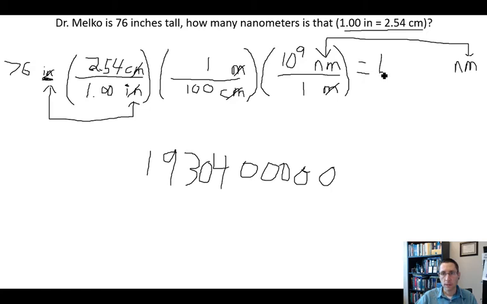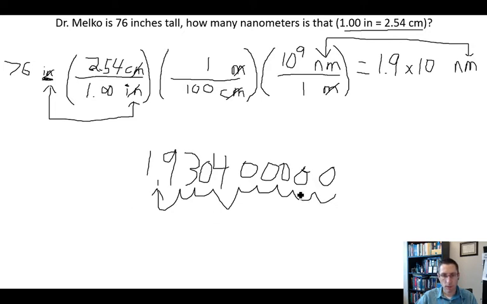And so 2 sig figs is what I want to limit myself to here. So I know scientific notation says I'm going to write that as 1.9 times 10 to some exponent, and the exponent is how many places I have to move the decimal from here, where it's in scientific notation, to where it was in this big long number.